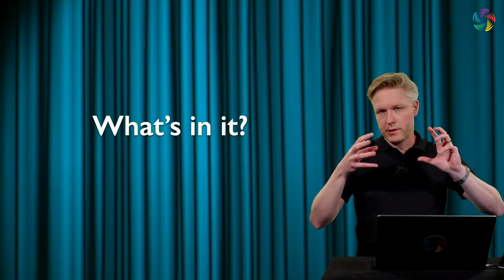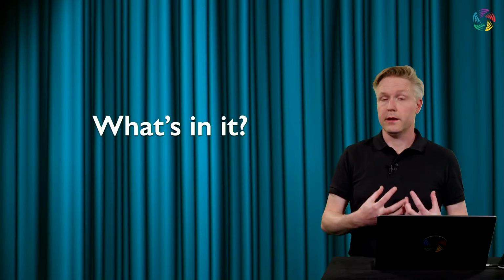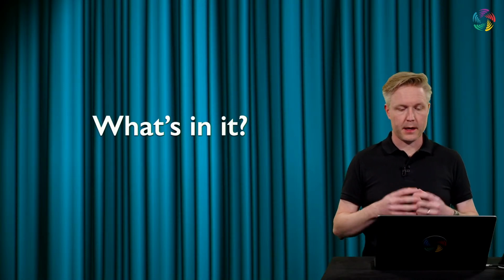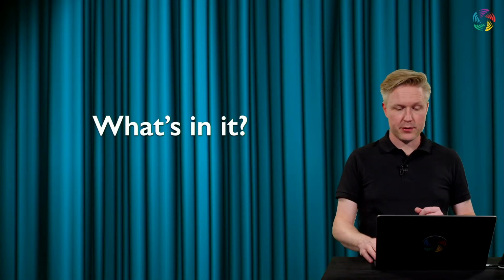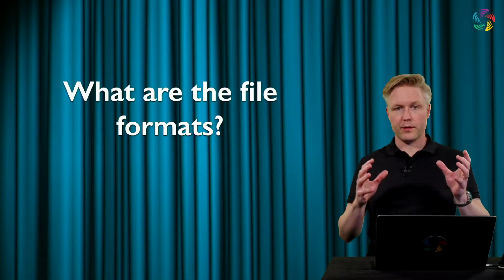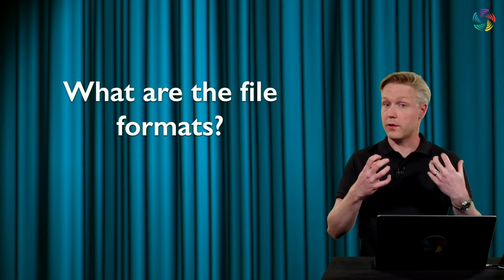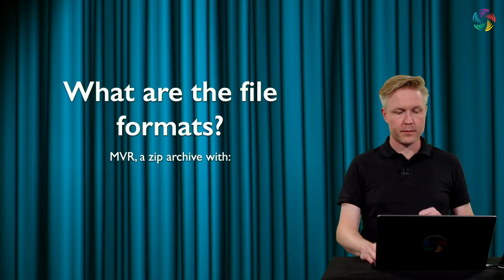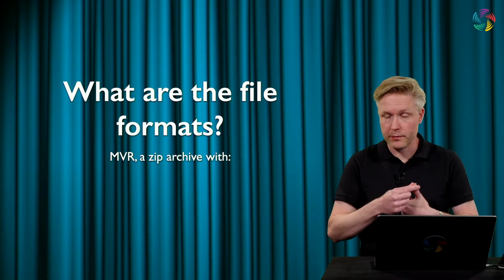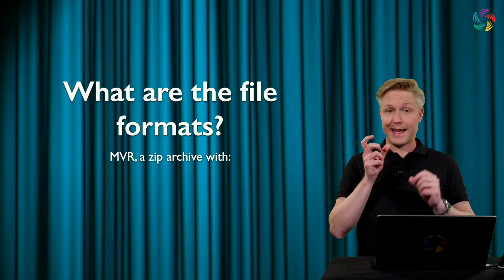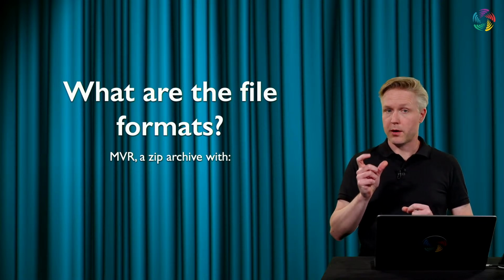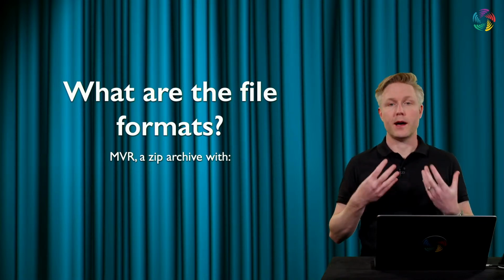So now I want to drill into what is in MVR, and there is a lot of file format names and abbreviations. So let's start with the file formats that are related to MVR. That is MVR, which stands for My Virtual Rig. That is a file, a zip archive that contains other files.